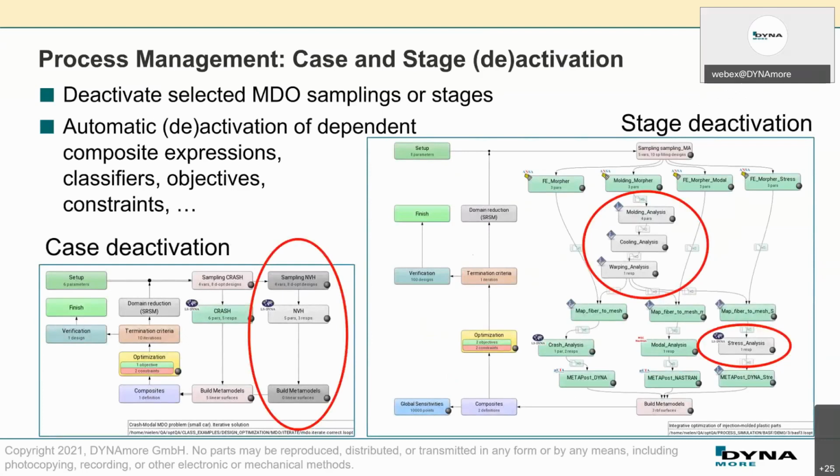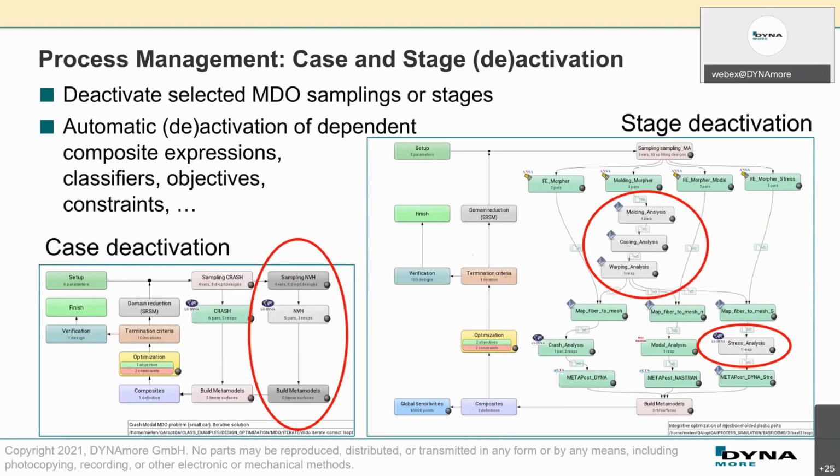Another new feature in version 7.0 is a feature regarding process management. So it's possible to deactivate and activate cases and stages. This is more like a debugging feature if you really have large process chains within your optimization, like you see in the example on the right.